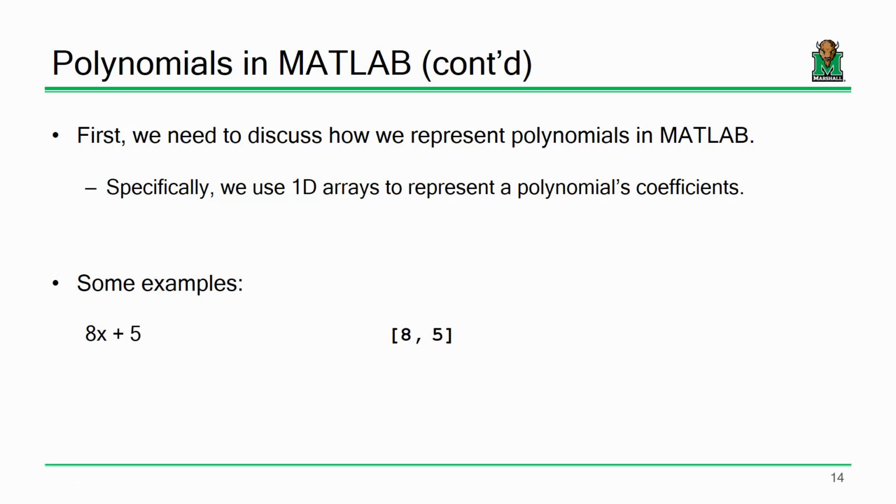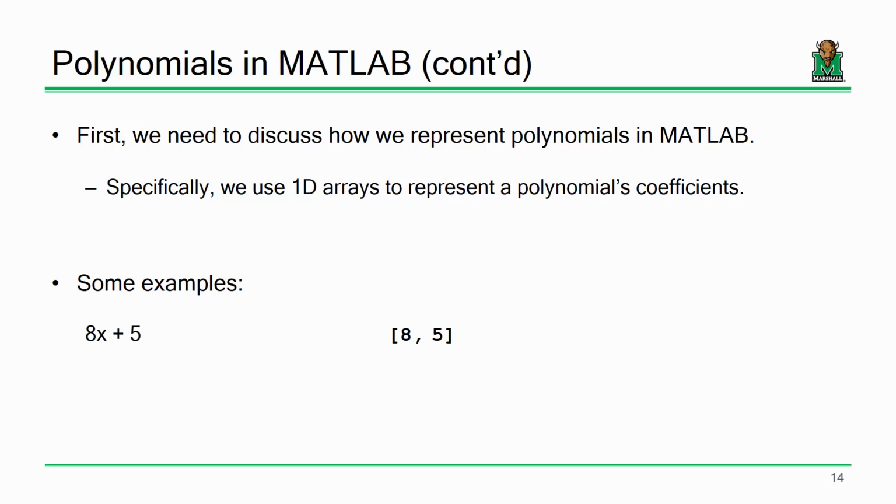Before we do that, though, we should try and understand how to represent a polynomial as an array in Matlab. We're going to use a polynomial as a one-dimensional array, meaning that it only has a single row, but it can have multiple columns. The number of columns this array will have depends on what power X is to.